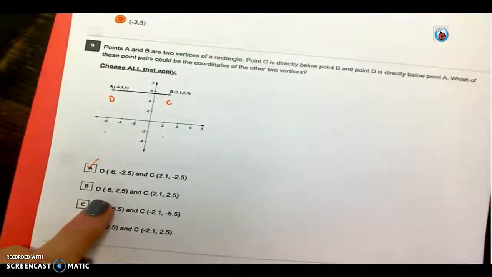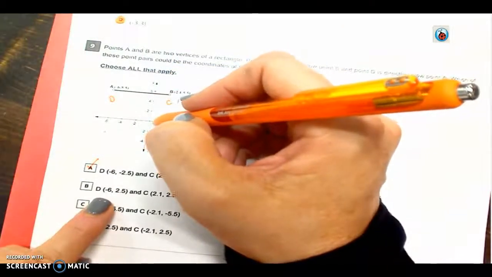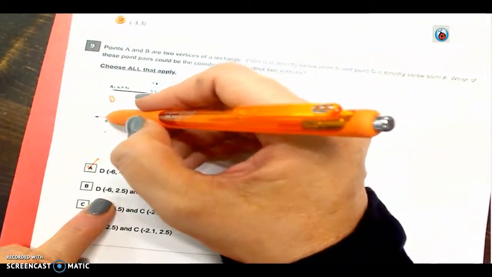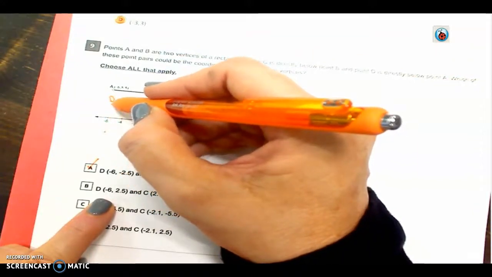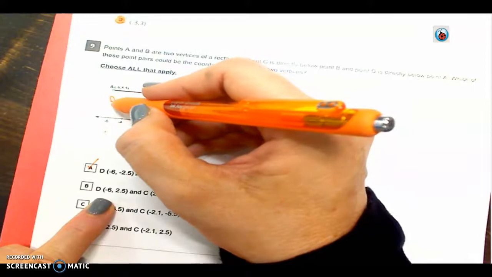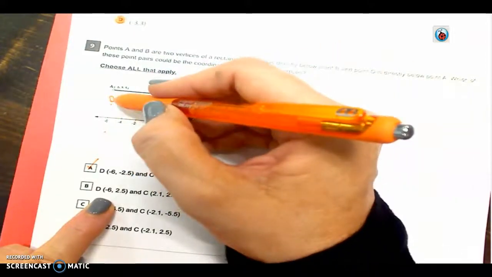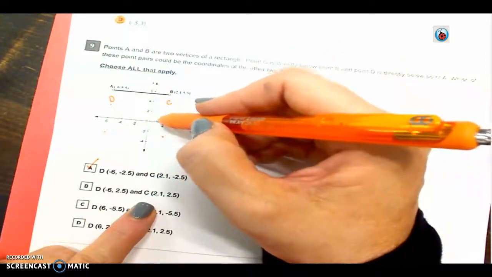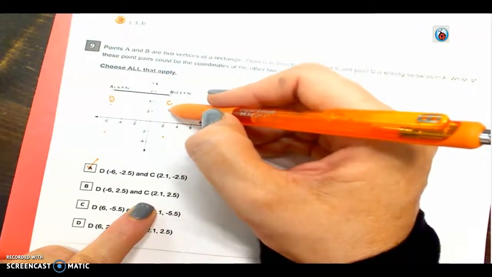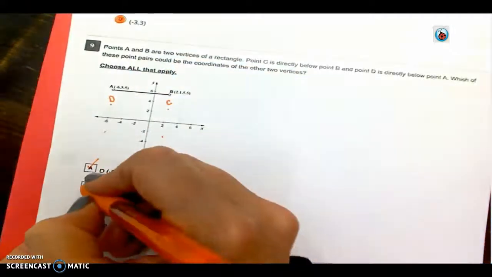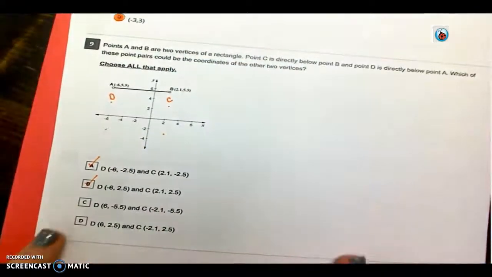And then let's look at B. B is going to be -6 and then up 2.5. So right in here is where they're saying D could be, which would work so far. And C would be 2.1 and 2.5, which would be right in here. So that could also make a rectangle.